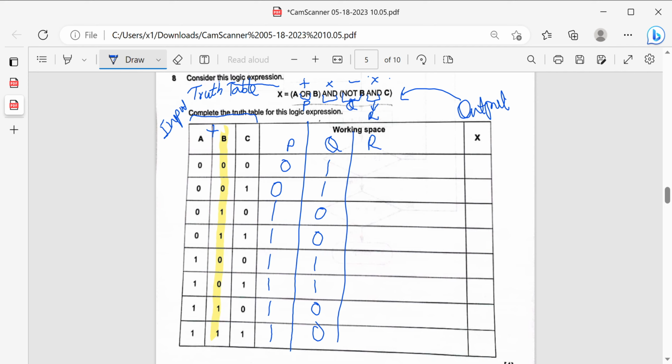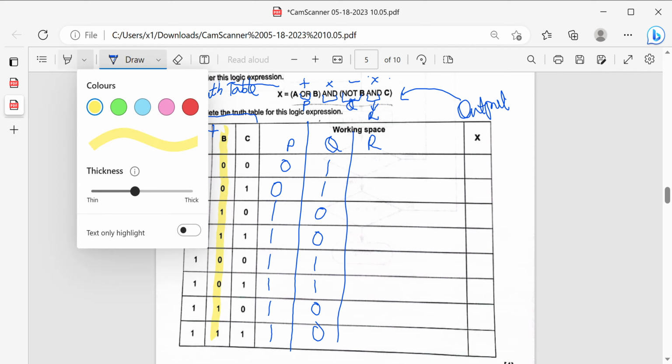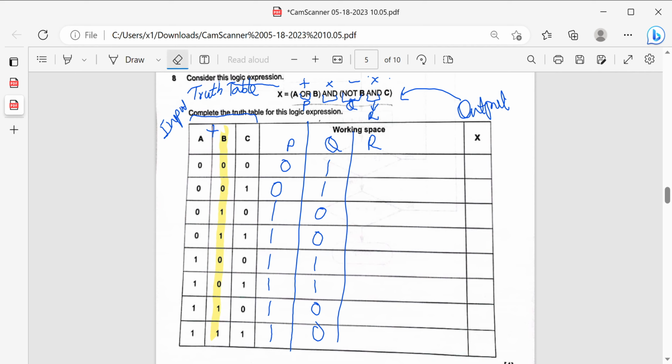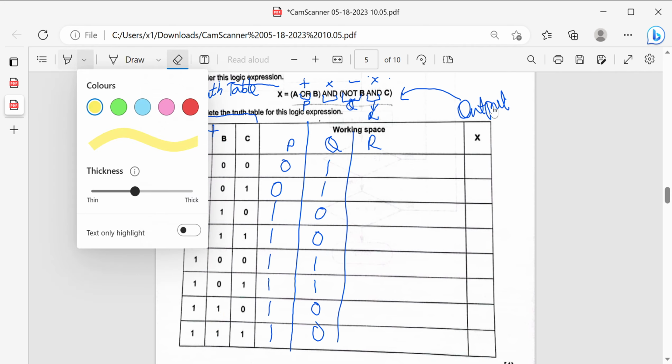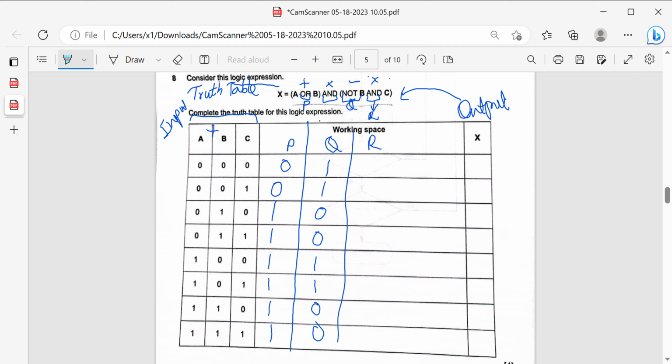Let me erase this output so that it won't create any confusion. So what we need to do is calculate R, and how are we going to calculate it?